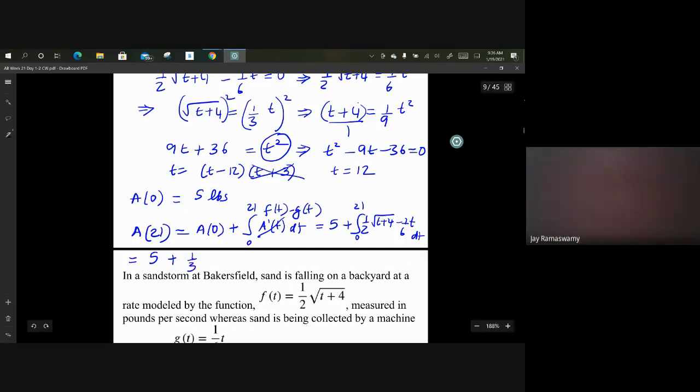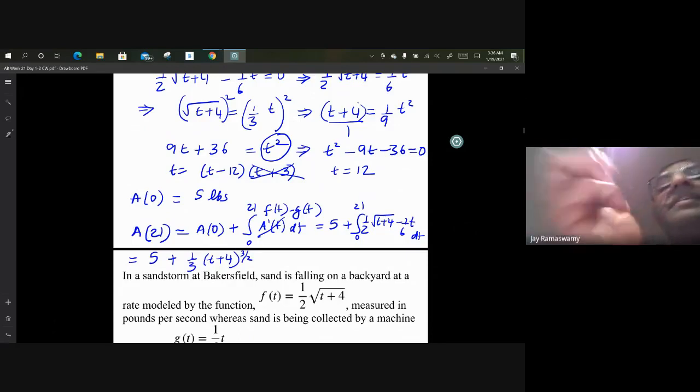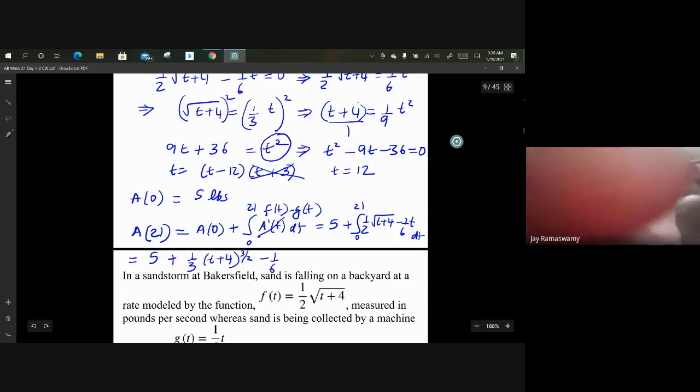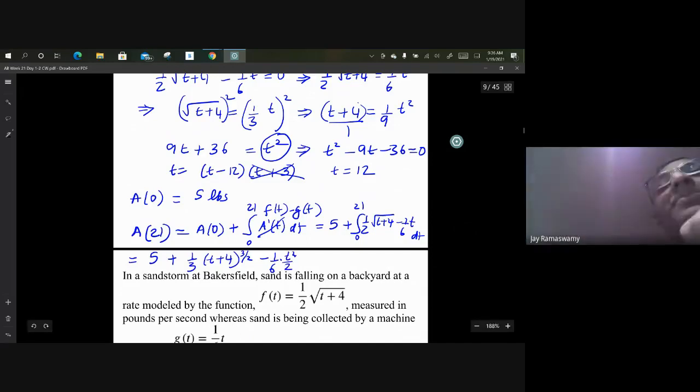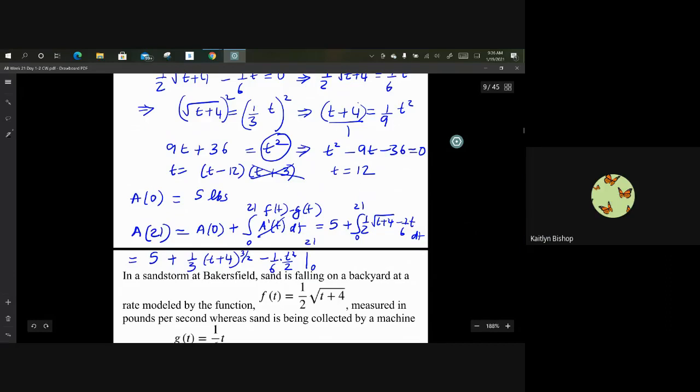Wasn't that 1/3 times t plus 4 to the power of 3/2? Does it come back to you guys? So I can accelerate. Minus 1/6. What's the integral of t? T squared over 2. Lower limit 0, upper limit 21. Okay, let's wrap it up.